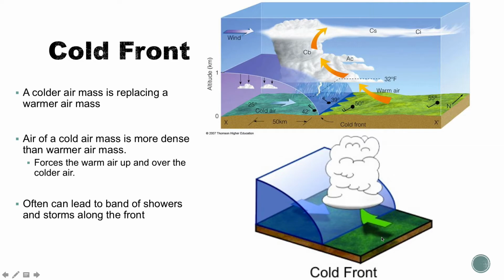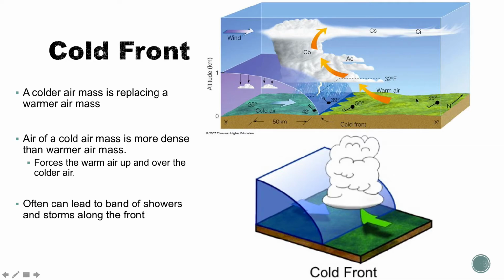And what you do is as that air goes up, it condenses and forms thunderstorms as it's pushed up in the atmosphere. So right along that front where that air is being pushed up and over, you often get a strong band of showers and thunderstorms, sometimes some severe weather right along that front.